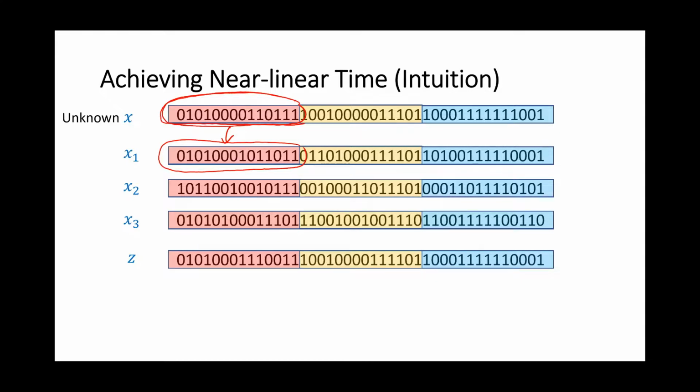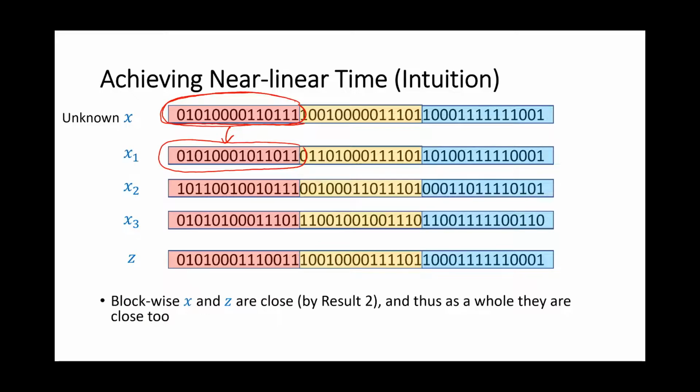So now I compute the block median. So now apply our result blockwise. So now for each block, by result 2, the median and X have to be close enough.